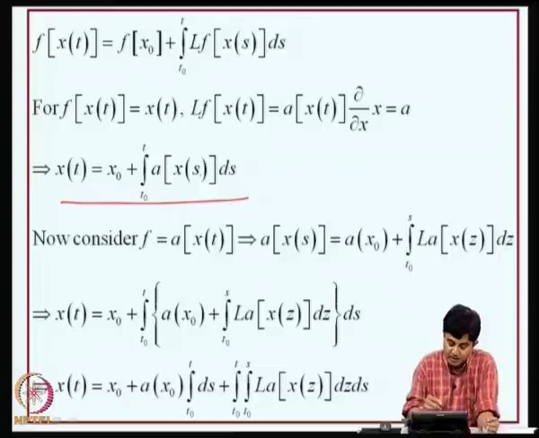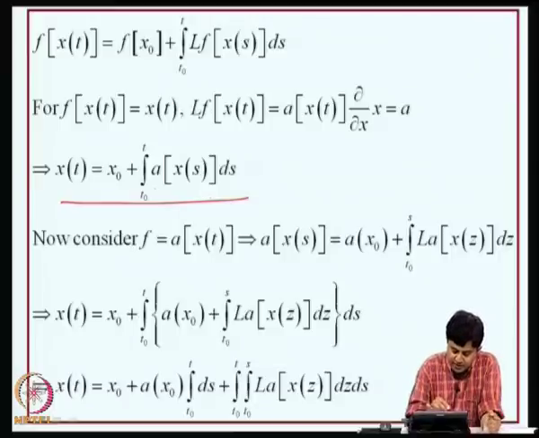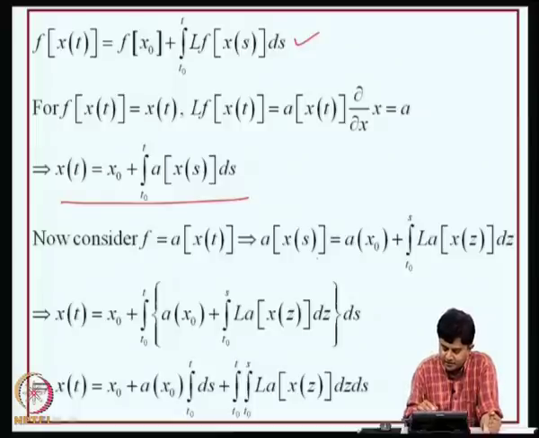Now, what we will do now is, for this integrand we will now write a Taylor's expansion. So, if I take now in this formula f to be a of x of t, I will get a of x of s to be a of x naught plus integral t naught to s of L a dz.